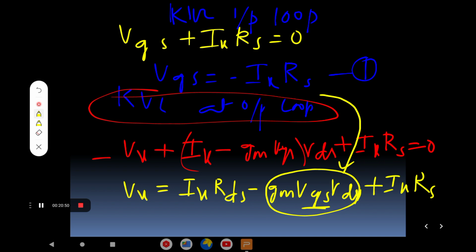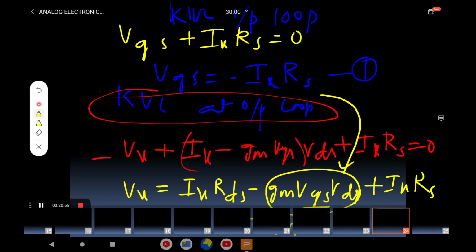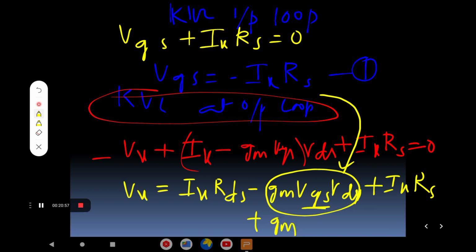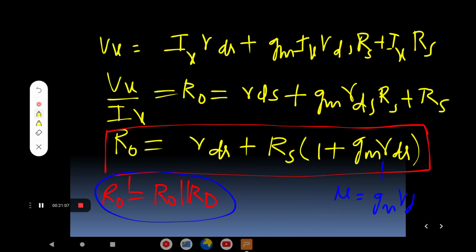So from this equation, it becomes Gm. So VGS is equal to minus Ix into RS, minus into minus plus. Therefore, Ix into RDS as usual, it becomes RS. That is the only additional part, so it can be treated as mu. Okay, RDS into mu. So it can also be represented in 1 plus mu format.